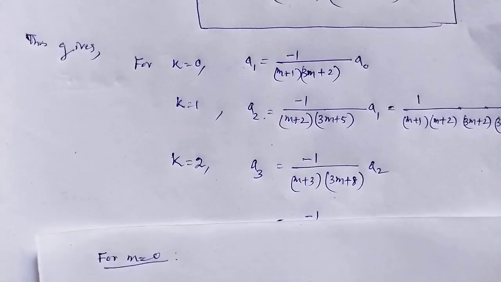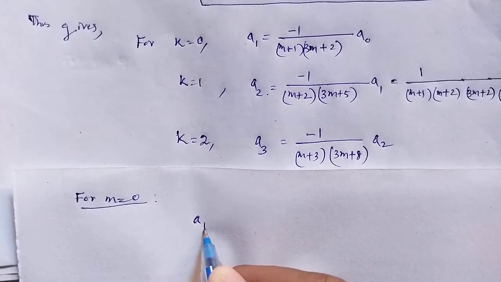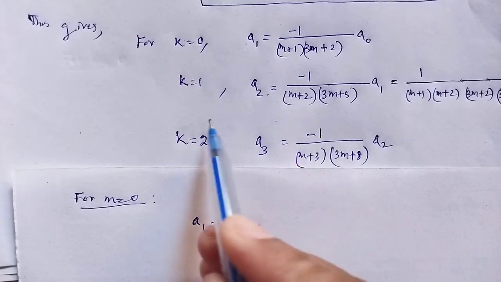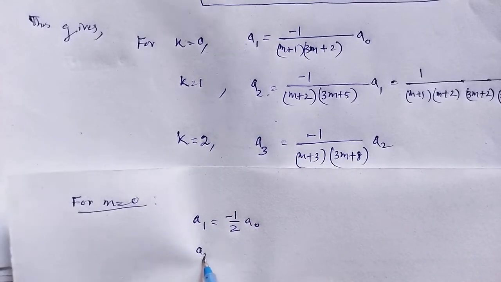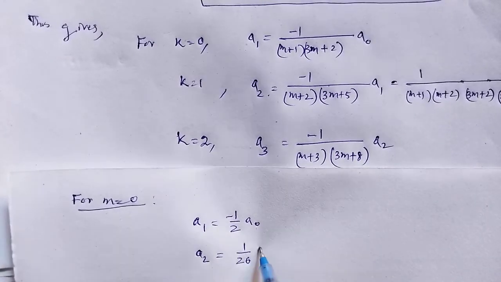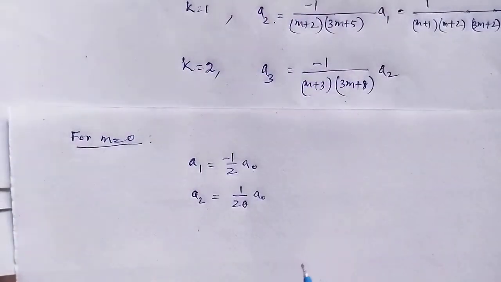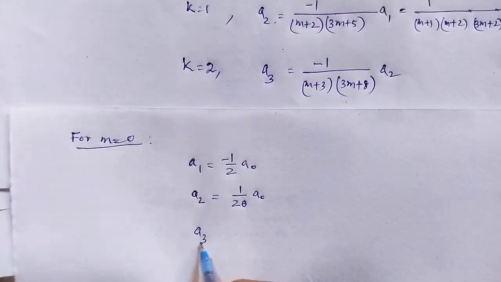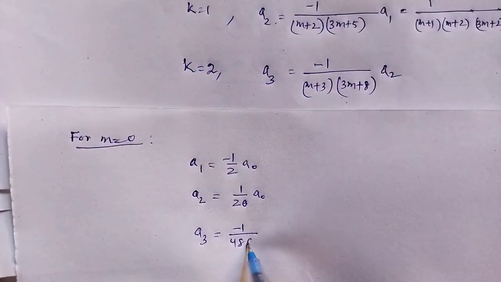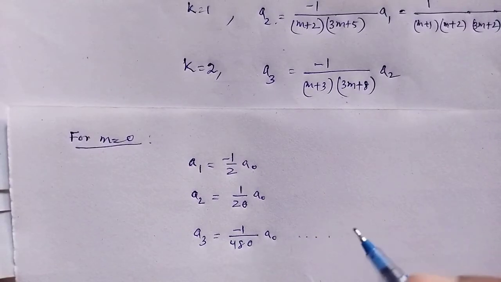The coefficients like a1 will be minus half a naught, and a2 will be 1 by 20 a naught, and a3 will be minus 1 divided by 480 a naught, and so on. It will proceed.